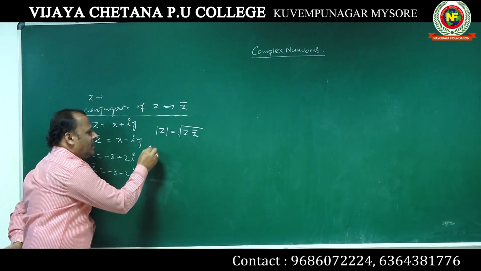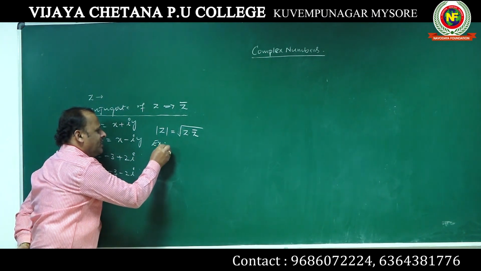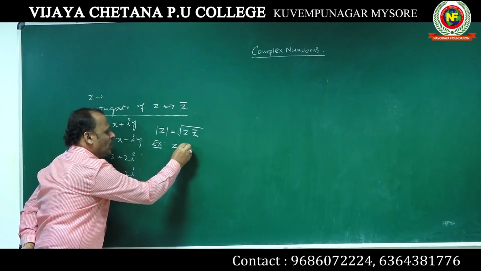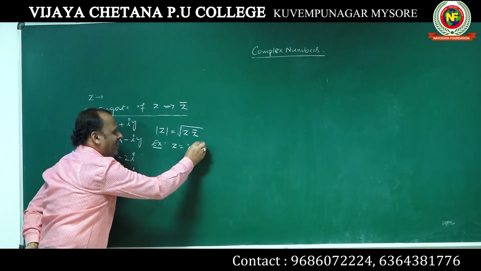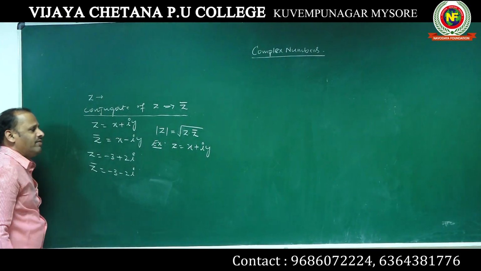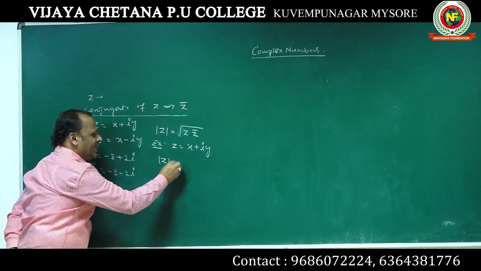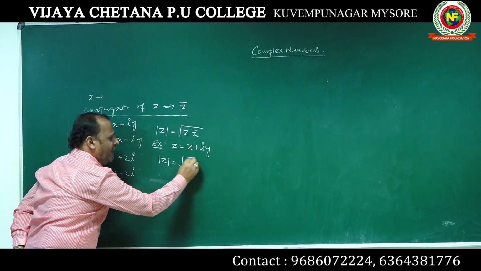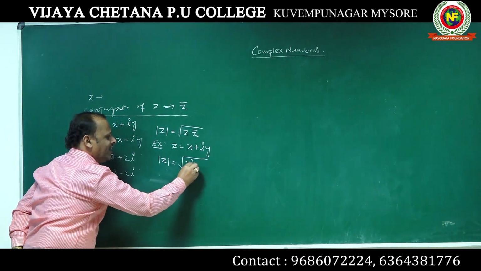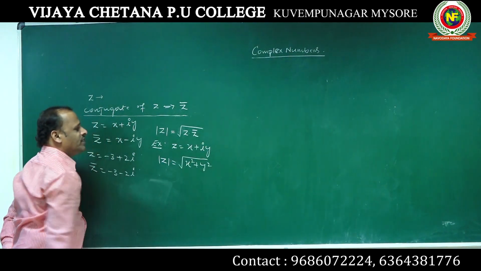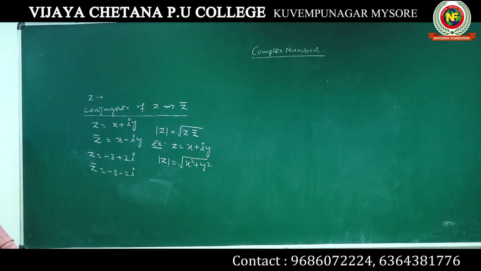For example, z is equal to x plus iy. Directly, the modulus of z is equal to the square root of x square plus y square.